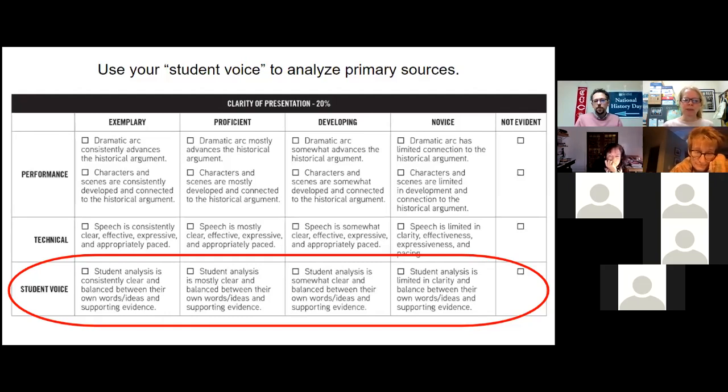But student voice is something that was introduced last year. In part, it seems to be, I know we were seeing a lot of projects where the students were quoting secondary sources, which I think partly was a way around not using too many words, but also sometimes students see that somebody does well in a contest quoting secondary sources, so then the students start doing that.